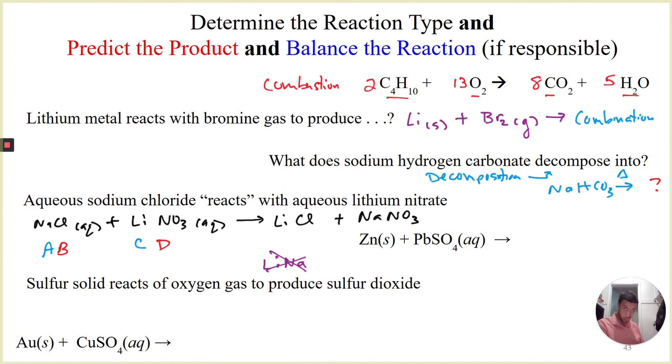Zinc with lead sulfate. Hopefully we recognize we have a metal and a non-metal. We're looking at a single replacement reaction. We'll get the lead all by itself. And I forgot to label the other ones, but this was a single replacement. We're expected to predict products for single replacements, so we need to go through and show that.